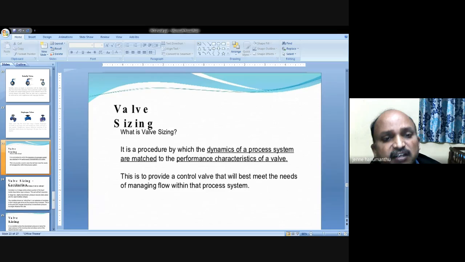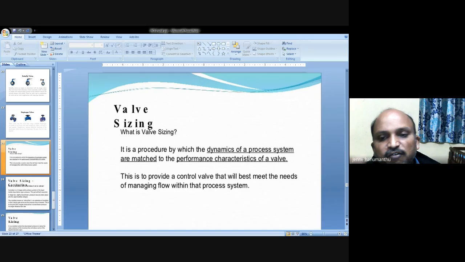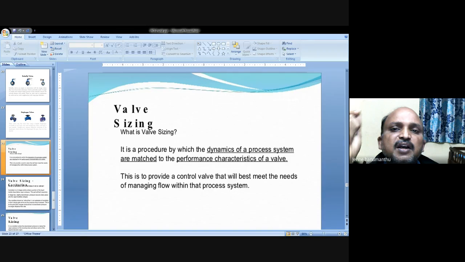K is a constant that depends on the valve, depends upon the selection of the valve. Q is nothing but flow rate. What is del p? Del p is nothing but pressure difference. Suppose we take a pipe: the input flow comes in with some pressure, called P1. In the middle there is a restriction and the flow passes through it. After the flow goes out there is another pressure, called P2. So input is P1, output is P2, with a restriction in the middle. So del p refers to the pressure difference, P1 minus P2.